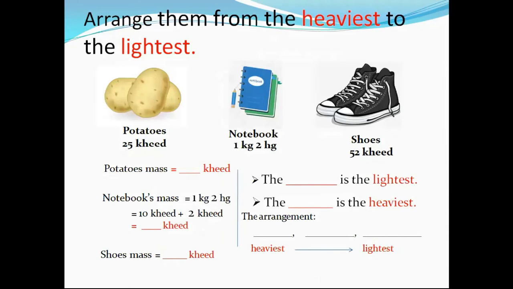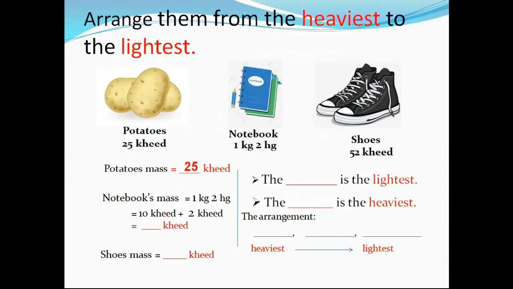Okay, now arrange them from the heaviest to the lightest. We have here 3 objects. We have potatoes, we have notebook, and we have shoes. Now potatoes has 25 kg. Now notebook's mass has 1 hectogram and 2 kg.